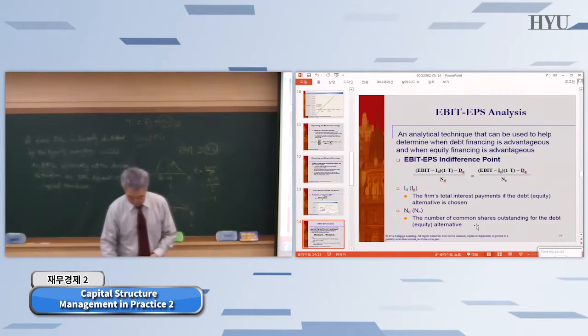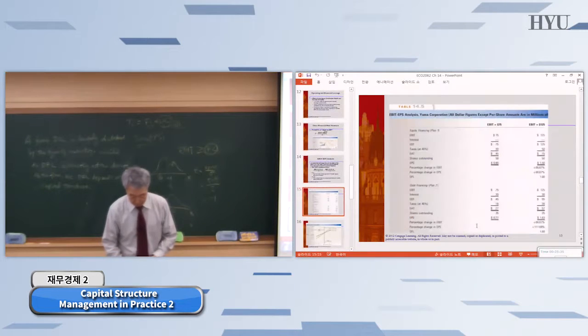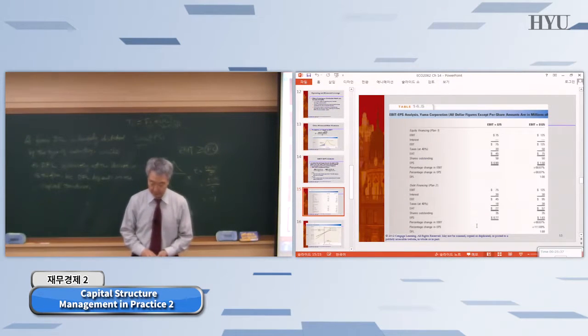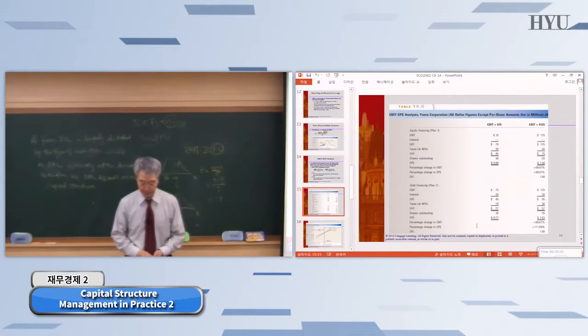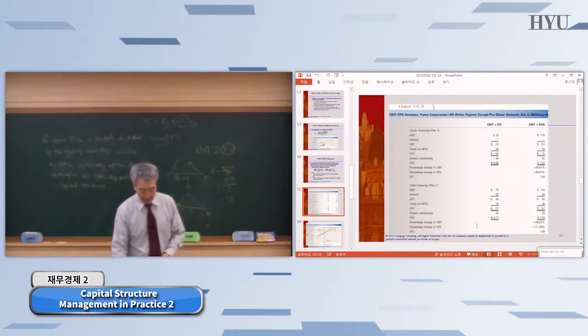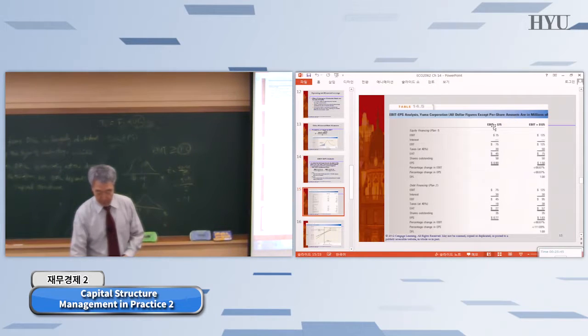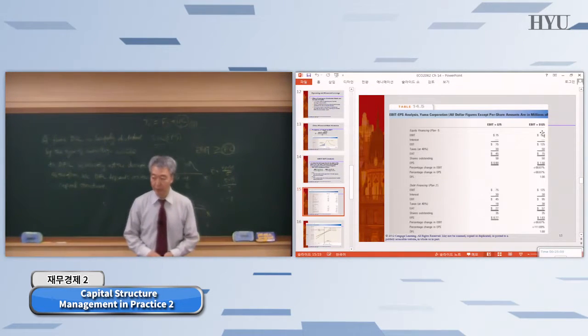So let's first go to this table, Table 14.5. This is another hypothetical example, and we have two scenarios here. The first scenario is EBIT is $75 million. In the second scenario, your business is good, and you make $125 million of operating income.